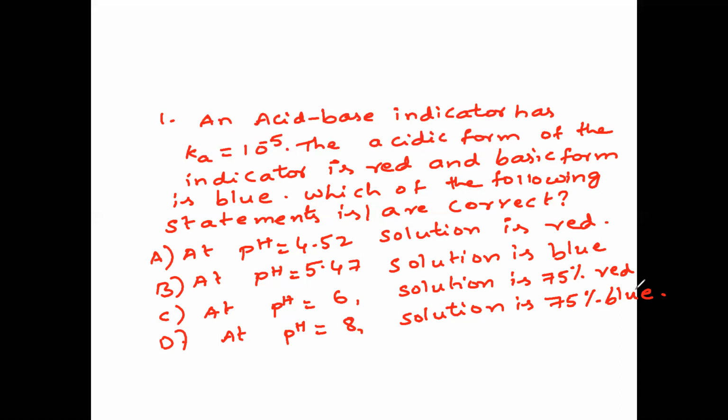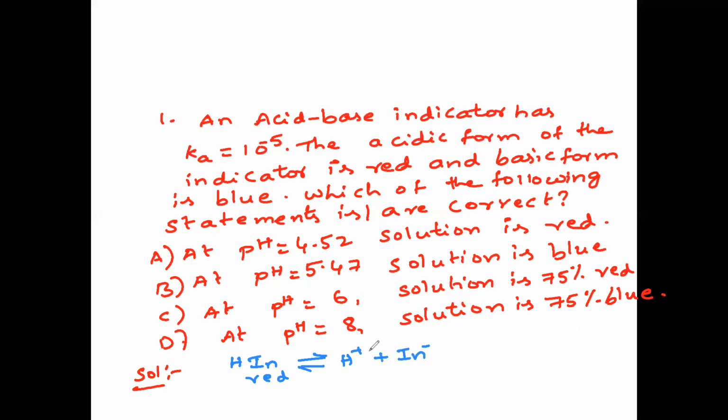Now for this, the solution is as follows. I'll write with blue ink so that it will be more visible. HIN, that is the indicator, indium, which is red in color, changes to H plus and IN minus.